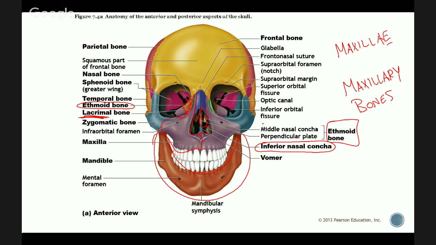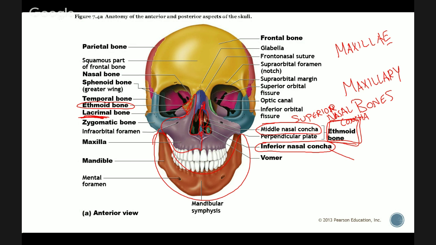And we have a middle nasal concha, and what you can't see is that there's a superior nasal concha, actually up here somewhere. Okay, so here's where it gets confusing. The middle and superior nasal concha are part of the ethmoid bone, so they are not their own bones. But the inferior nasal concha is its own bone, okay? So that's a tricky thing. So just keep in mind that.